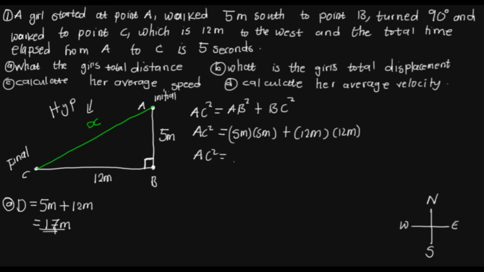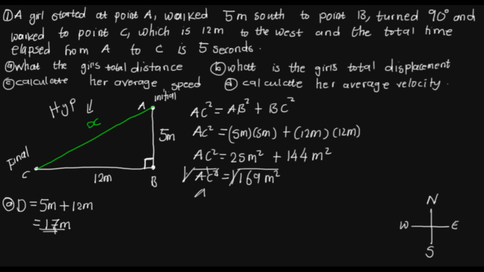So 5 times 5, we have 25 meters squared, plus 12 times 12, we get 144 meters squared. AC squared is equal to 25 plus 144, which gives 169 meters squared. Now, since we are just looking for AC, we find the square root of 169.